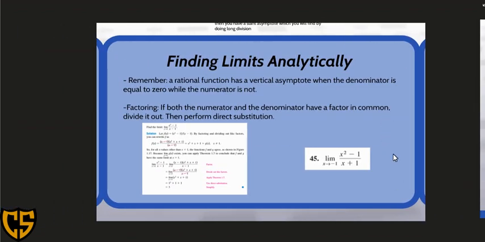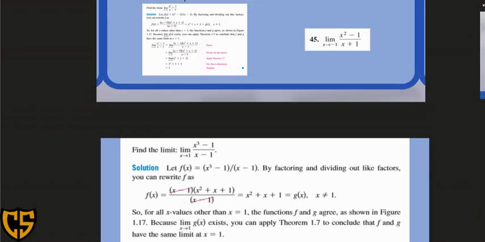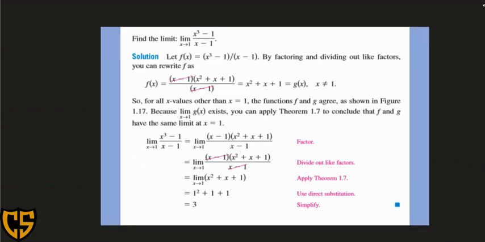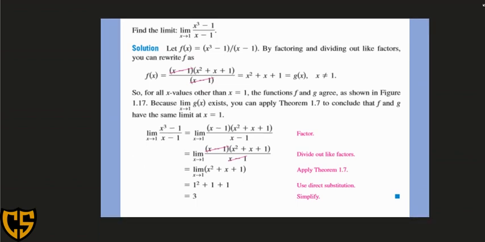So now we have finding limits analytically. Let us continue. For example, you are given the equation, find the limit of x cubed minus 1 over x minus 1. Take note that if we substitute directly the value of 1 in our equation, we would get a 0 in our denominator.